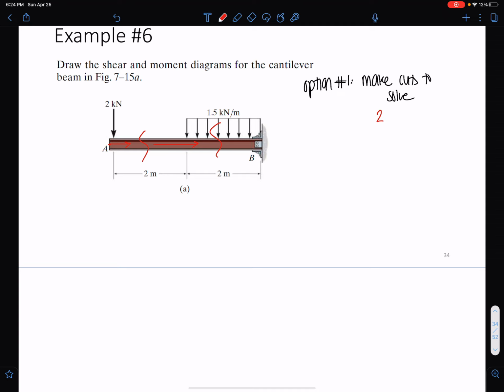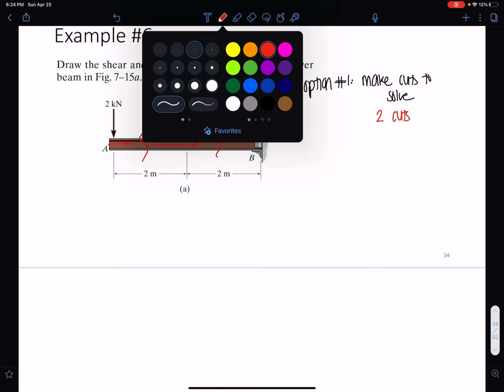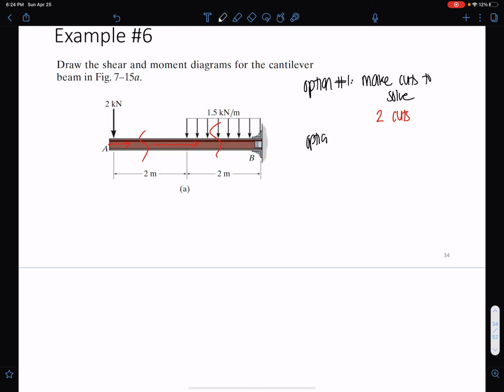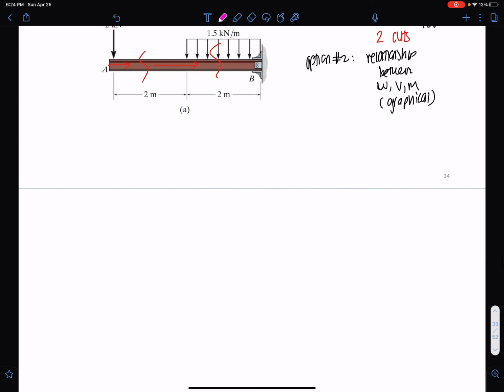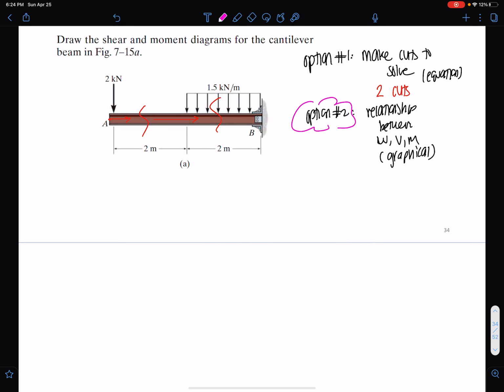So we would need 2 cuts. Option 2, use the relationship between W, V, and M. And this is basically the graphical approach. Okay, this is the equation. So I'm going to go with option 2 because it's typically easier when you have to make multiple cuts. If you can, you can get away with doing the equation method, okay?